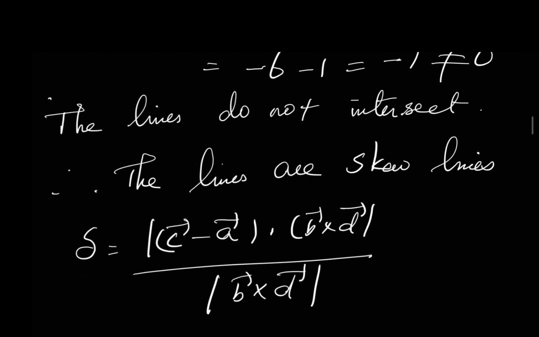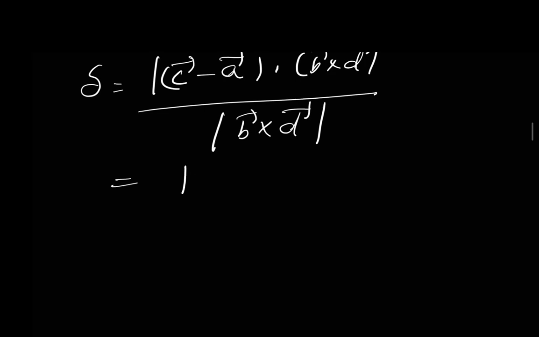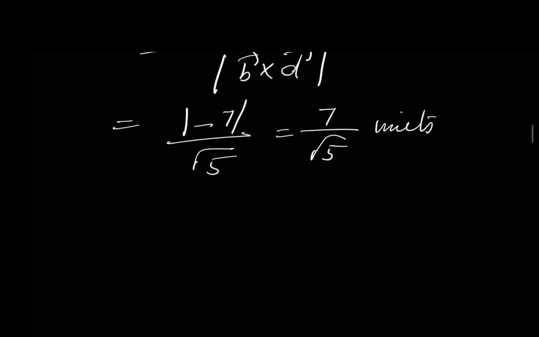C minus A dot B cross D is minus 7. The modulus of minus 7 is 7, so the distance is 7 by root 5 units. This is the distance between the two skew lines.